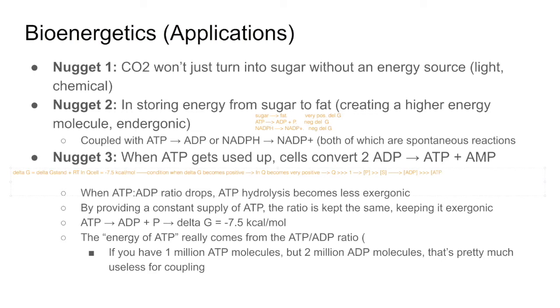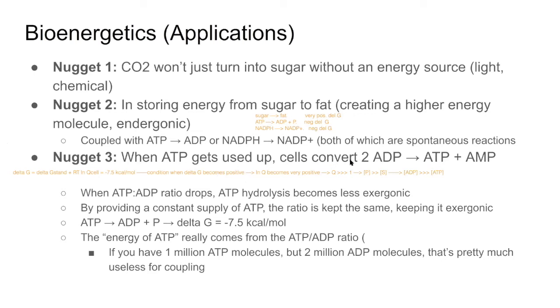So if the cell ever gets to a point where it consumes so much ATP that the ADP becomes overwhelmingly higher than the ATP, this RT ln Q will become so positive that the delta G of ATP hydrolysis will become positive, which is bad. Delta G of ATP hydrolysis is our fuel in the cell. It's our currency, so it's bad.